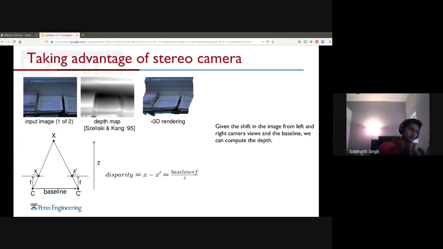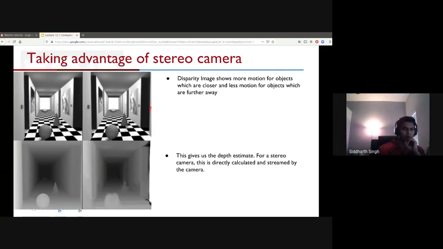This x minus x dash, right? When you have two different images, even if I say that the left camera is looking at the center pixel of this ball, and the right camera is looking at the center pixel of this ball, that's calculated by correspondence.